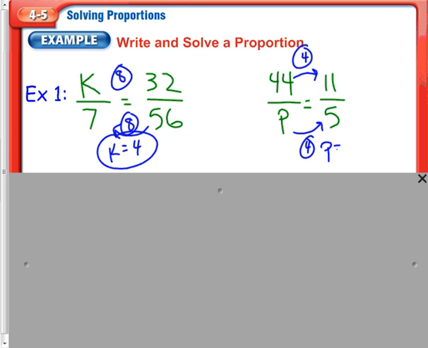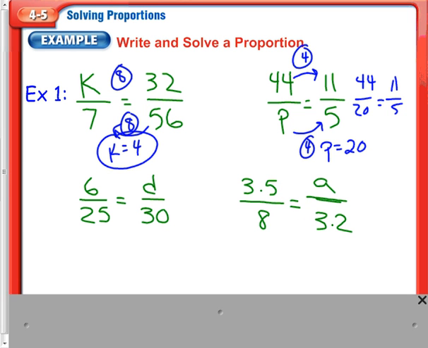So in this case, P equals 20, because 20 divided by 4 is 5. So I could actually simplify 44 over 20 to equal 11 over 5 using that common factor. So those were a little bit easier. You could see that using basic facts without having to cross multiply or anything else.